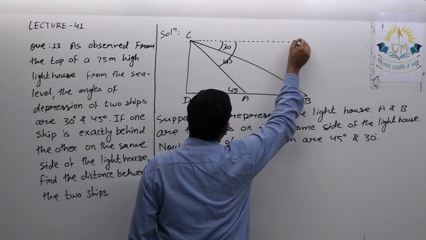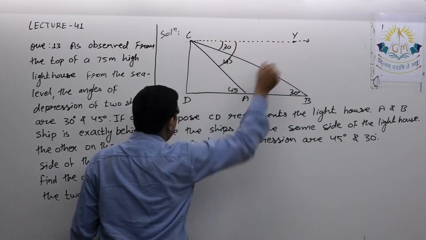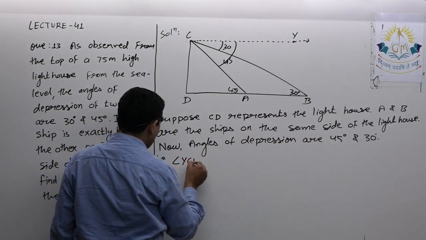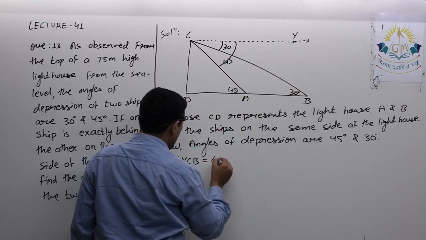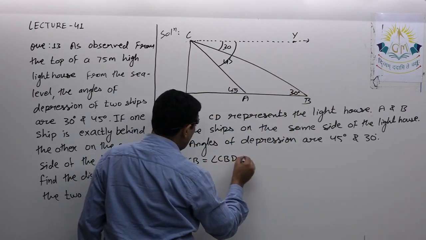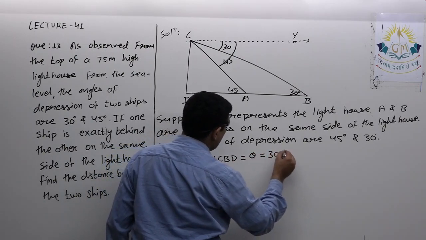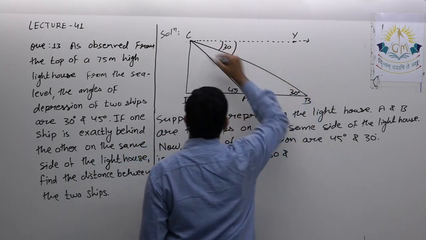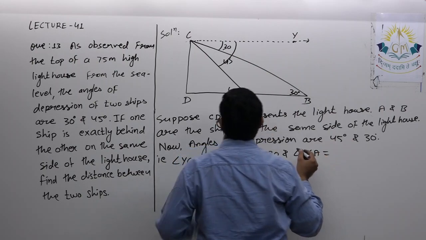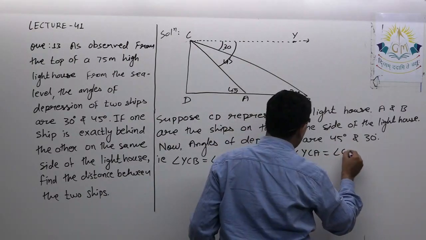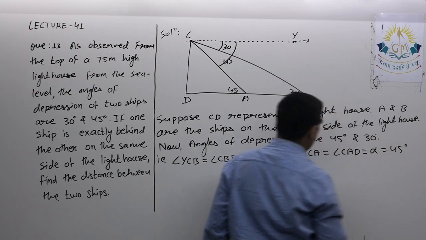Let the point be Y. The angle YCB is equal to angle CBD, which is equal to theta, which is 30 degree, and angle YCA is equal to angle CAD, which is equal to alpha, which is 45 degree.